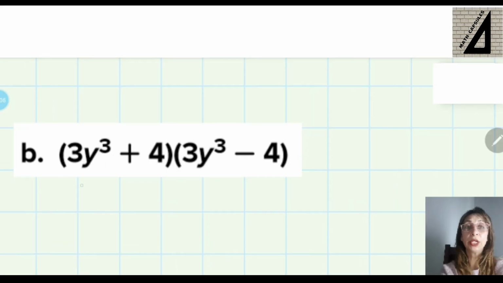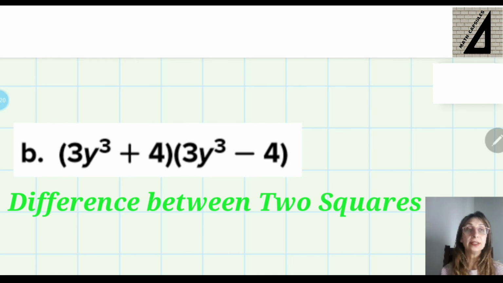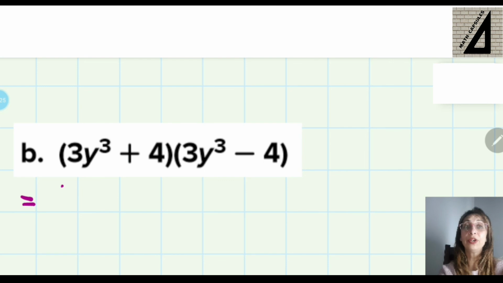Look at this example here. We have (3y cubed plus 4) times (3y cubed minus 4). Both of them are the same two monomials, one with sum and one with difference, and we want the product. Again, we are going to apply the rule of difference between two squares, which is equal to the first term squared, and the first term here is 3y cubed, so we'll put it as a squared, minus the second term, that is 4, power 2 as well.